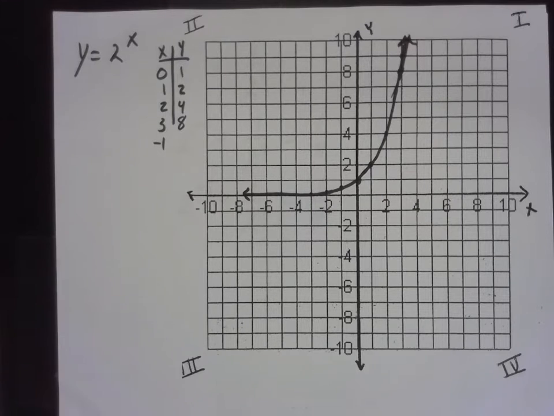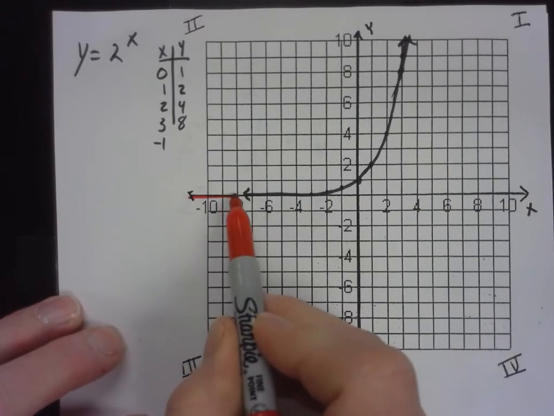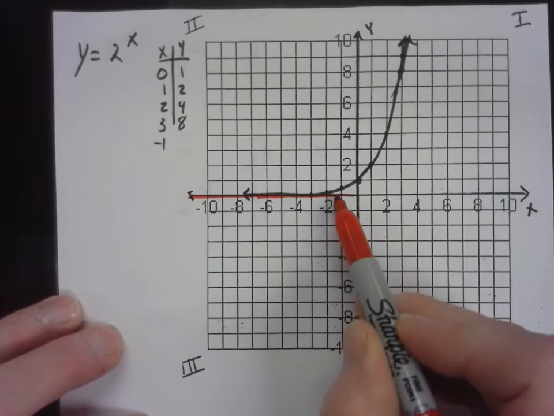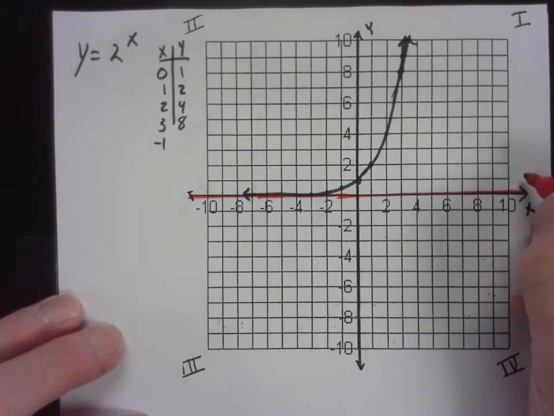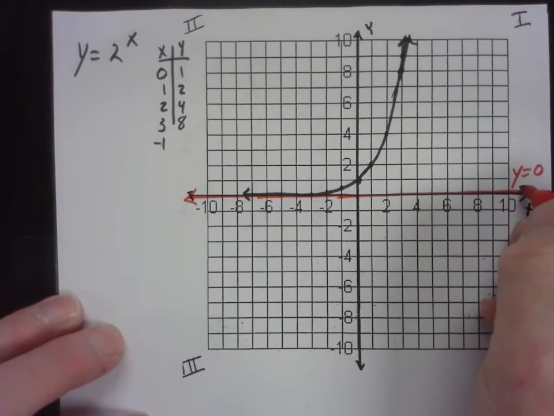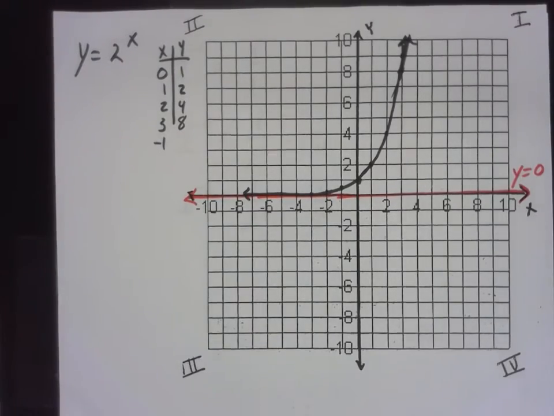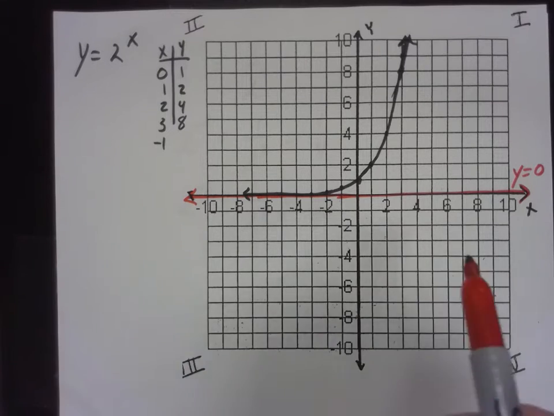So it's the x-axis, right? The x-axis right here is the asymptote, and its equation is simply y equals 0. So the asymptotes of all these exponential functions are always going to be horizontal lines, wherever that limit is, where it's getting close to but never touching. So that's all you have to worry about.